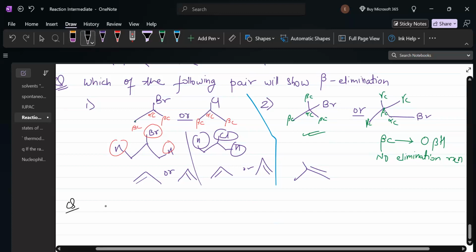Now note down this question. This is a question from NCERT, an important one. It has been discussed in your syllabus.